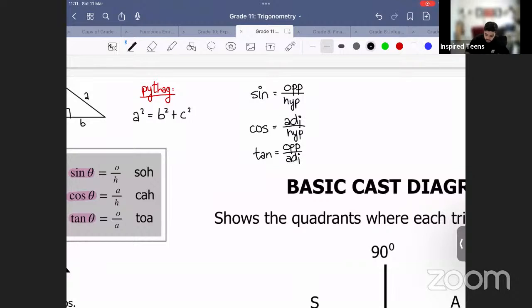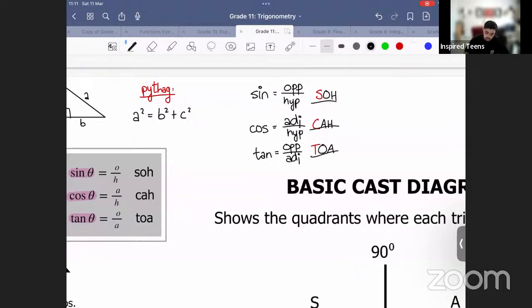Now, there's a quick way to remember this. Sine is opposite over hypotenuse, cos is adjacent over hypotenuse, and tan is opposite over adjacent.